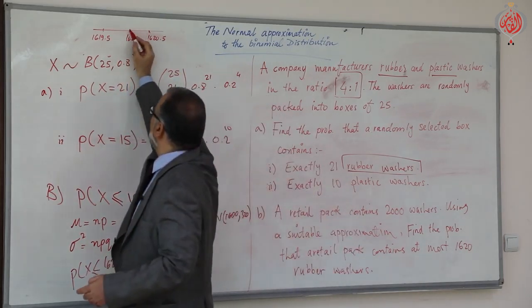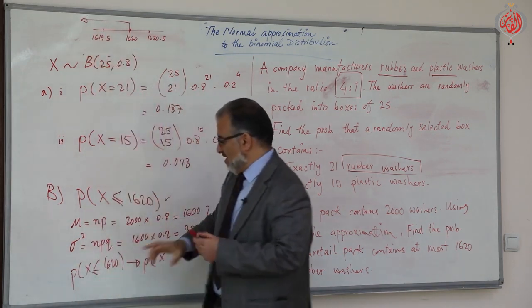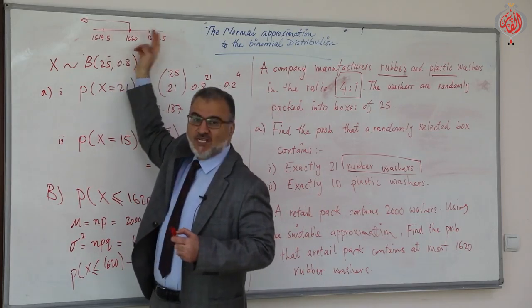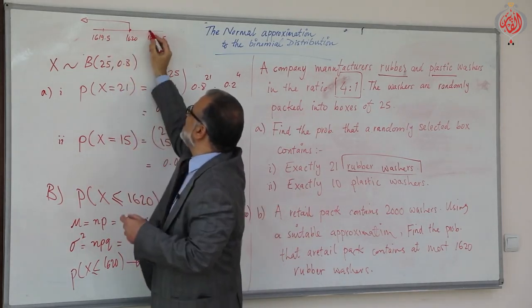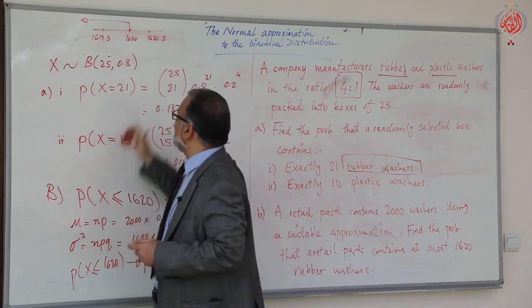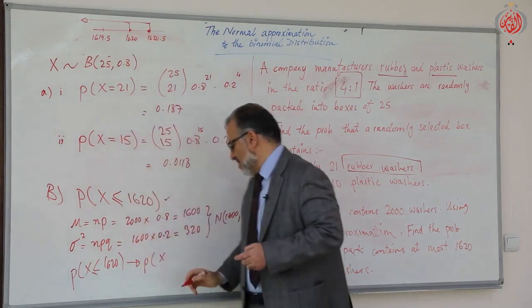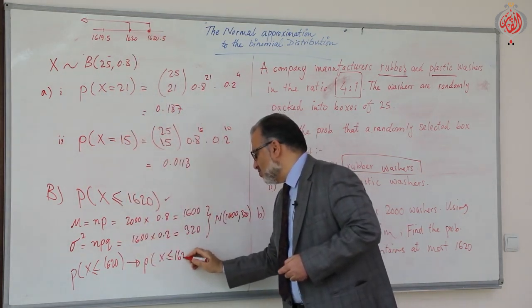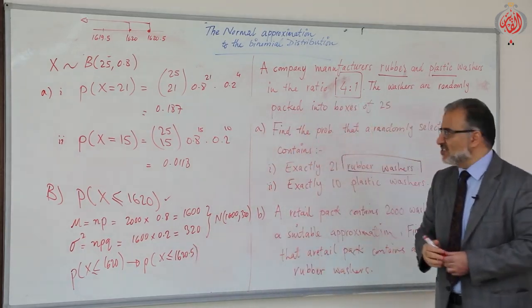In the case of the equal sign, both values should be included. Since I have the equal sign, I have to include that value as well, so I have to start from here. So it should be less than 1,620.5. Is that clear? Hopefully it's clear.